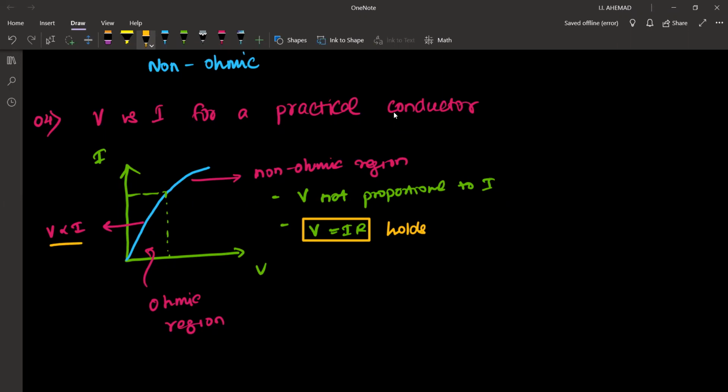Is that idea clear? So during your O/Ls, you might be thinking that V equal IR is Ohm's law, but it is not. Okay.